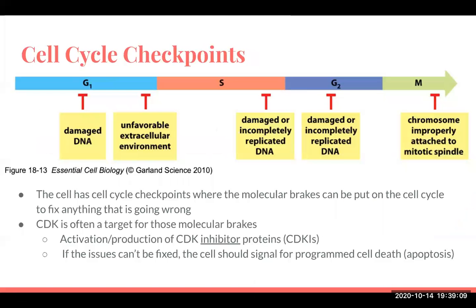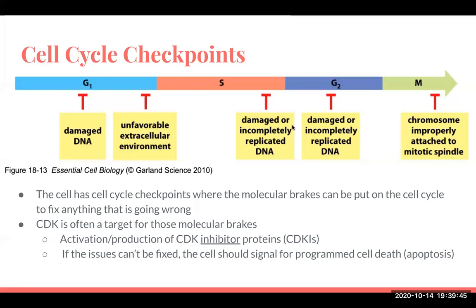Like I mentioned, there are checkpoints throughout the cell cycle where the molecular brakes, in quotes, can be put on the cell cycle to basically fix any problems that are happening. In G1, it checks for damaged DNA, or if the cell's in a toxic environment, you wouldn't want to spend your energy replicating, because replication is a costly process. So you'd want to focus on surviving in the environment.